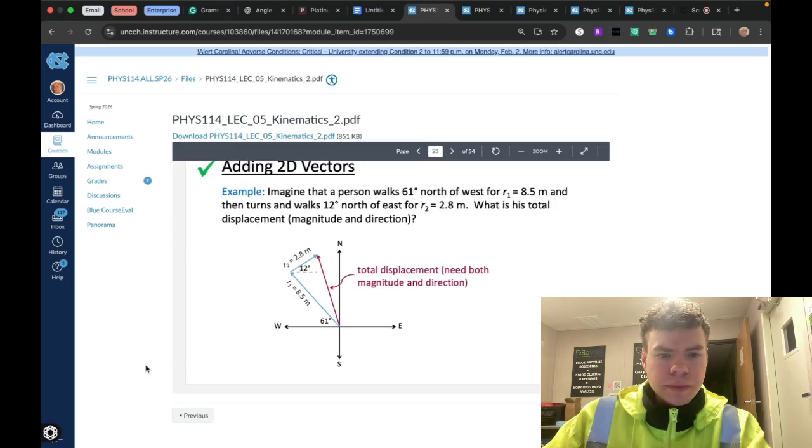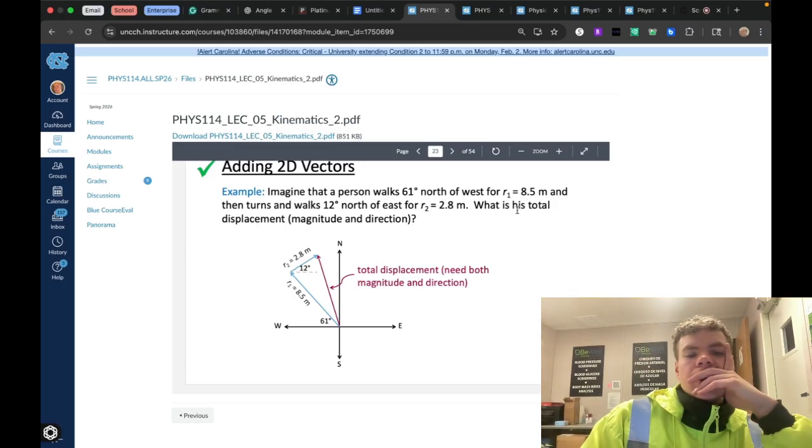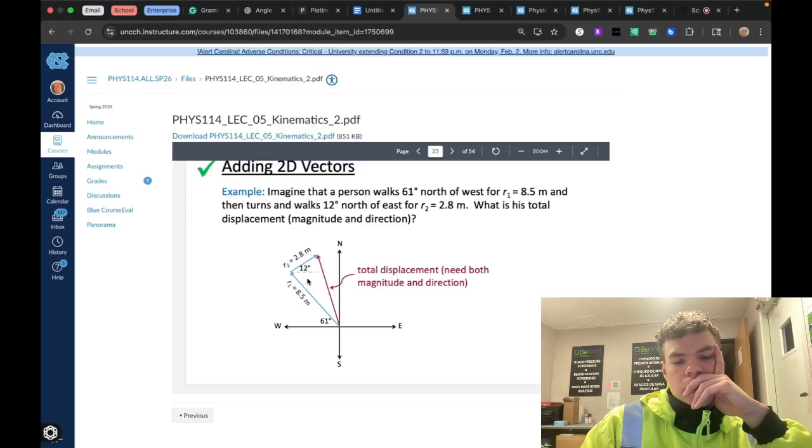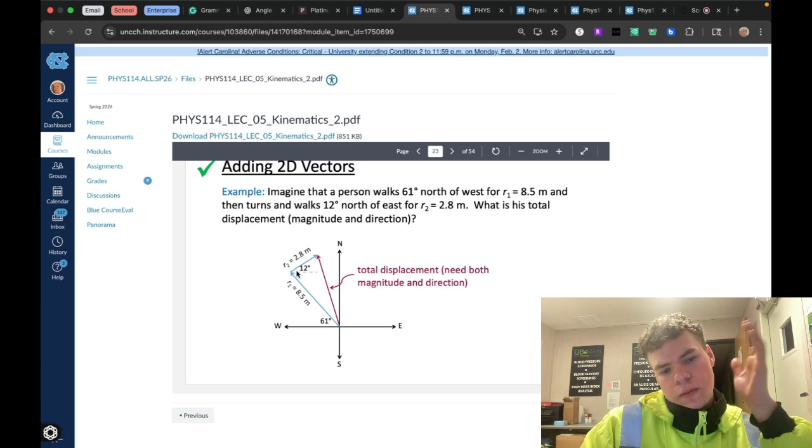But all right. So they turn and walk 2.8, because they walk R1, and then this is a 12-degree angle here in and of itself, and they walk 2.8.